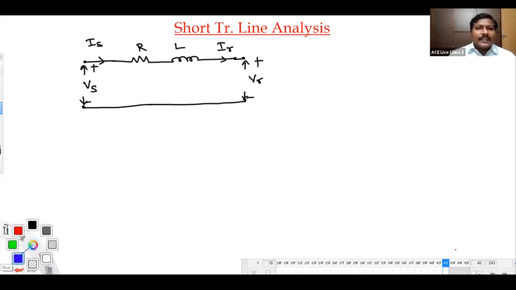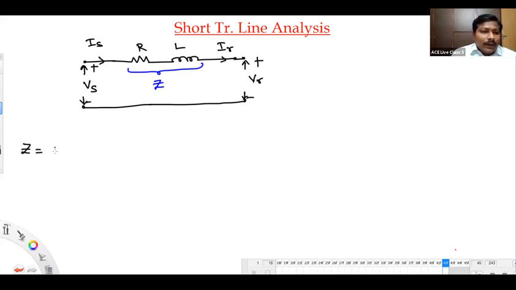Next you see, this series combination of RL, I'm going to call the series impedance Z. That Z is nothing but R plus j omega L, else you can call it R plus jXL, where XL is the inductive reactance.